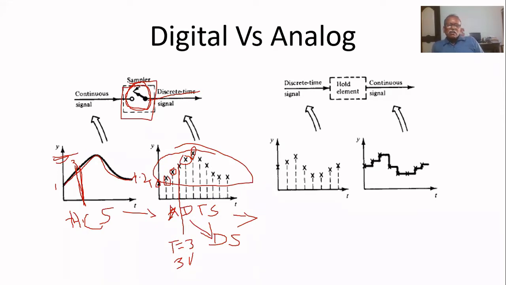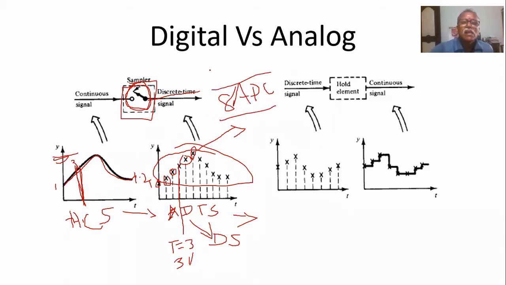Then if you assign a code to that, then it is called digital signal. How you are going to assign code to that? Suppose I am using an 8-bit ADC. Then what is the range of values for that ADC? 0 to 255.